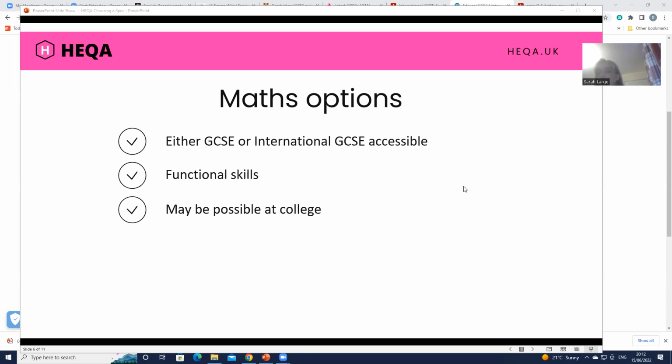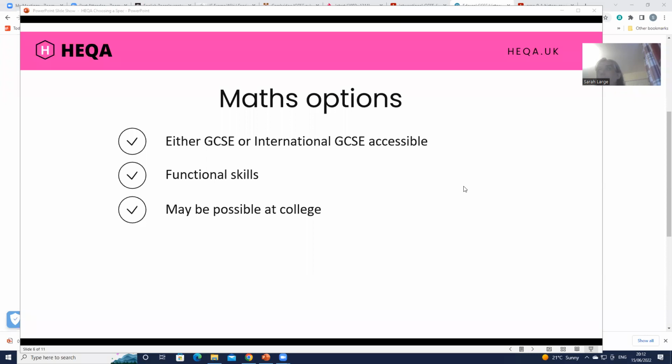You can do functional skills. Functional skills exams can be taken online, but they are not directly comparable to GCSE. They haven't got as wide a spread of content. The way they are assessed is different. So they may not be accepted for college entry, depending on what you want to do.